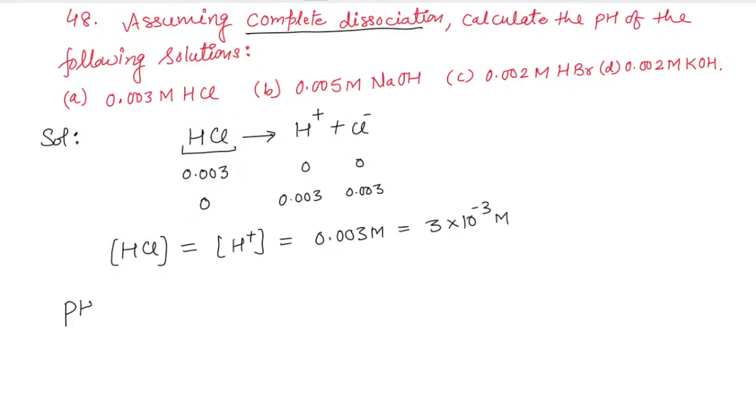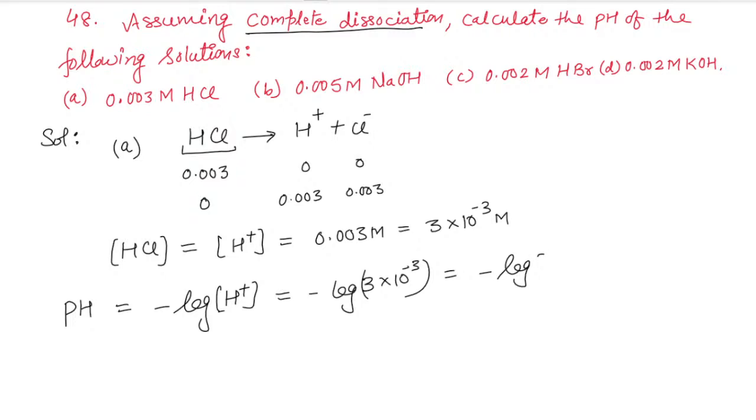So what is pH now? It is for A. pH is minus log of H plus ion. So it becomes minus log of 3 into 10 raised to power minus 3. So it is minus log of 3 minus log of 10 raised to power minus 3.